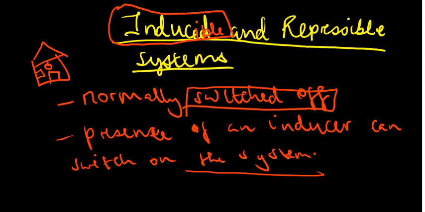So an inducible system is normally switched off, except in the presence of an inducer, which is you. When you go in the room, you turn it on and the bulb goes on. The reason they call it inducible is because it has the ability to be switched on, though it's usually switched off.